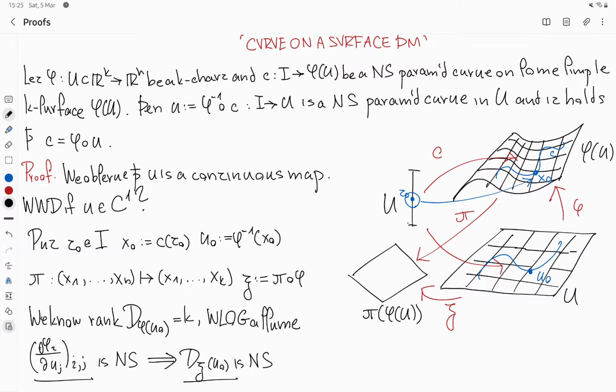Now, because everything is smooth and beautiful and continuous, we can invoke the local diffeomorphism theorem.